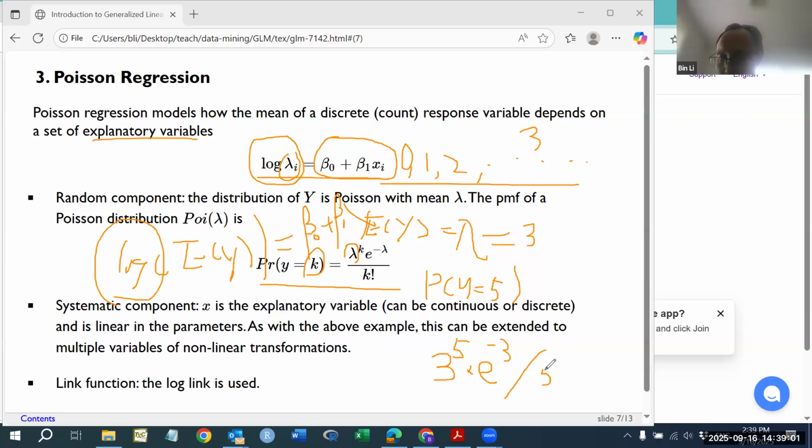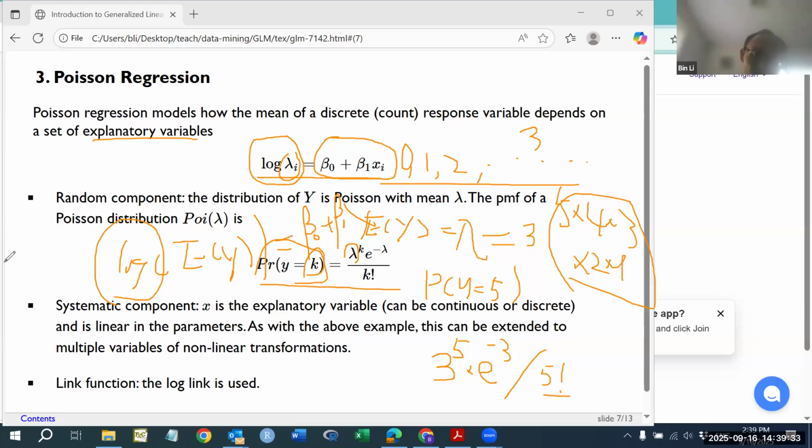We want to find 5 factorial. That means 5 times 4 times 3 times 2 times 1. So that is the factorial. That is how we calculate the probability of observing 5 accidents in that location if the average expected car accident is about 3.